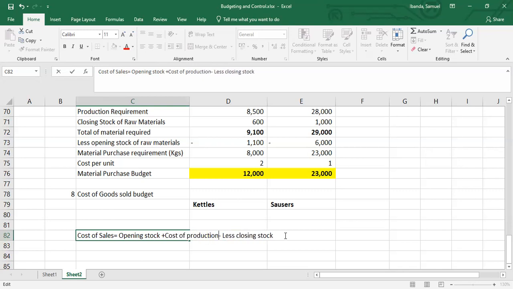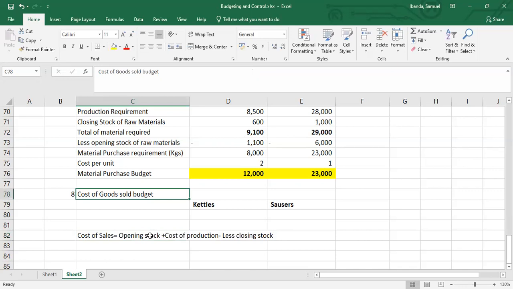Since this is a manufacturing company, this is the concept we are going to use. We first look at our opening stock and add our cost of production, and then less our closing stock to determine our cost of goods sold budget.